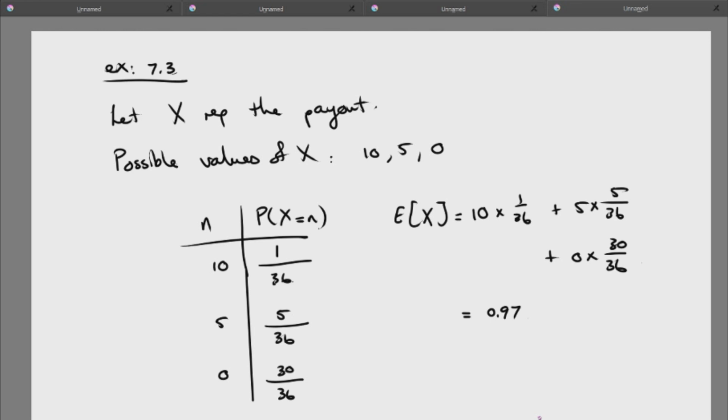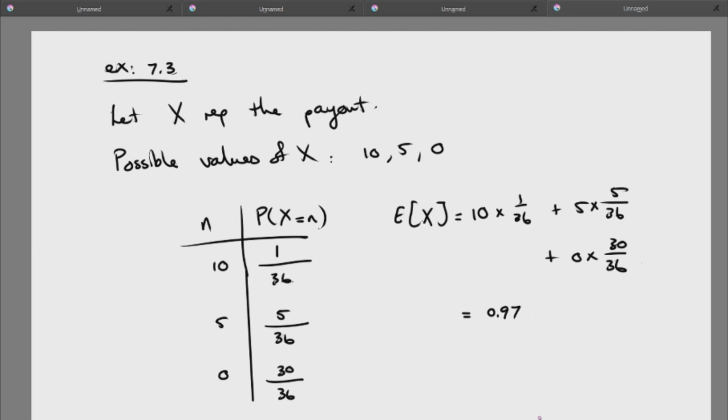So I'm now pretending to be the host, and I'm planning this game. I don't know what the ticket price should be. If I do this without any ticket price, and actually pay a full 10 and a full 5, I'm going to average out over many, many games, paying 97 cents every time.